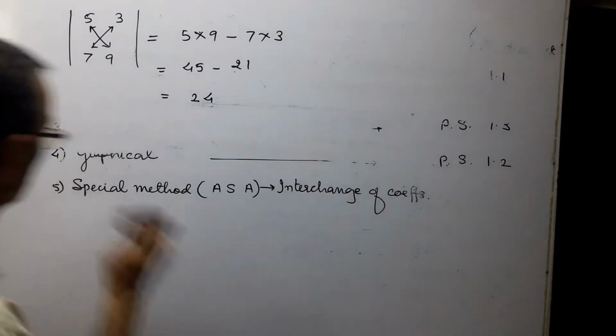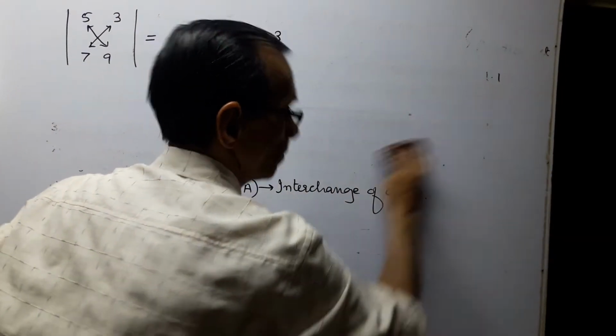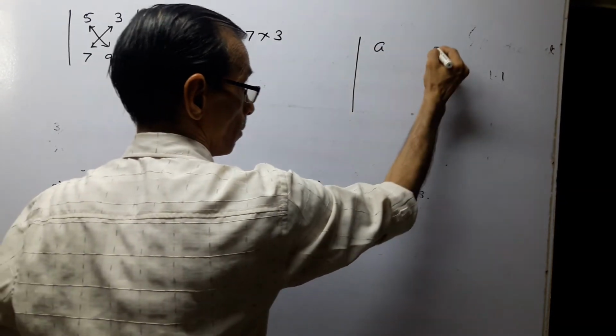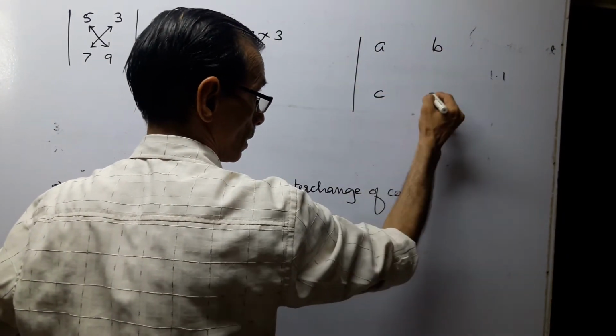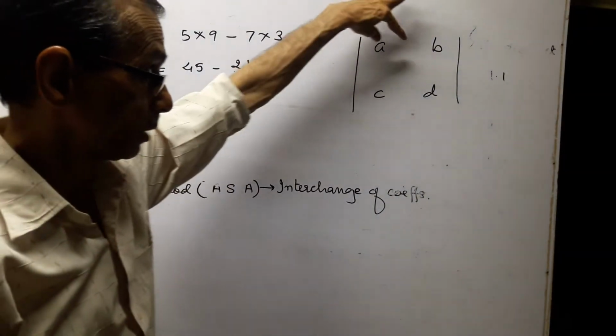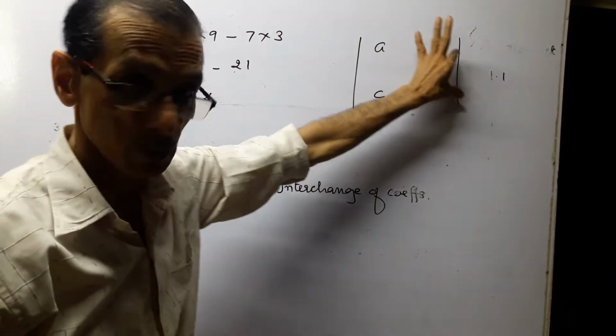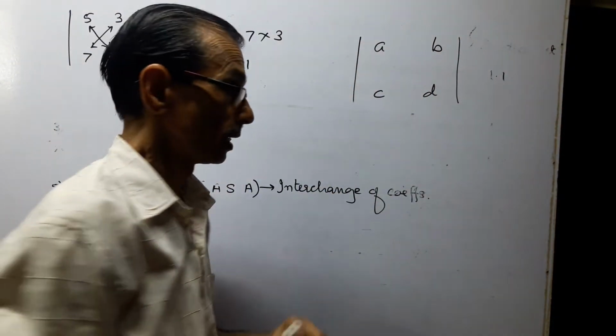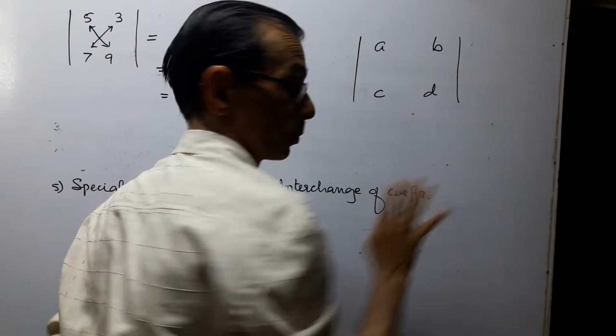See once again. It is given in this way: a, b, c, d. Four numbers are there. There are two rows and two columns, and they are kept between two vertical lines. What is the value of this?